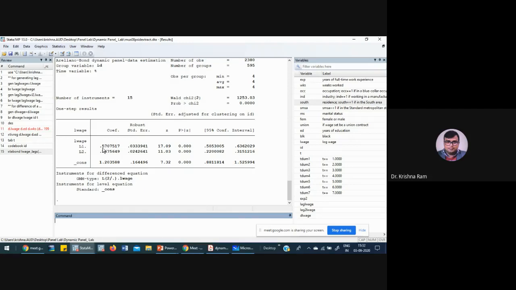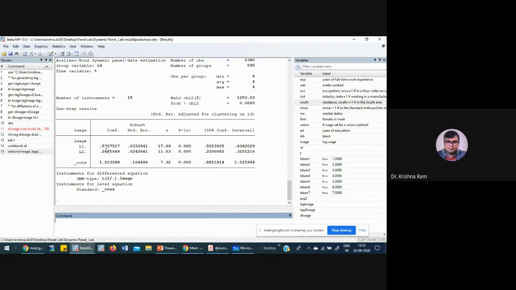For interpreting the first lag value of the log of wage coefficient, you can say 0.57 means the previous year is affecting the current year.